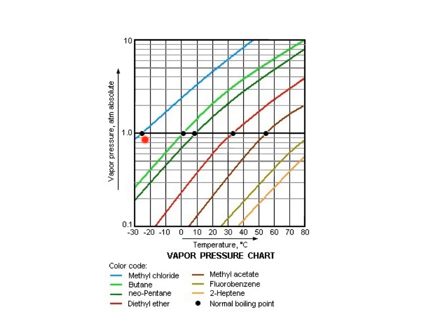To find them, we just find where the lines cross. Methyl chloride looks to be about negative 25, negative 26 degrees Celsius. For butane, it's just above 0 degrees Celsius, maybe 1 or 2 degrees Celsius.